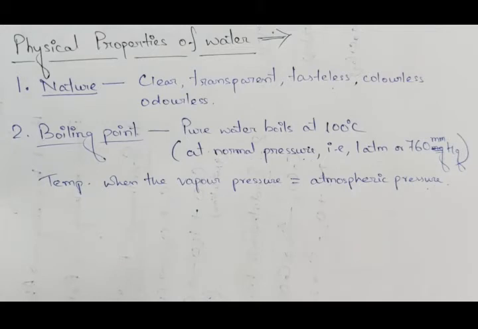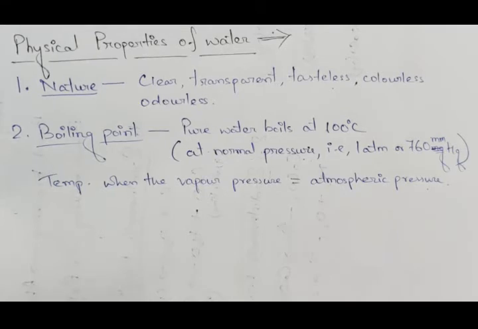Keep it in mind, that is why food is not cooked properly there. It needs some more temperature, some more boiling to get the food cooked properly. Clear? So in hilly areas, water boils at a temperature lower than 100 degrees Celsius because the atmospheric pressure is low at higher altitudes. Keep it in mind.